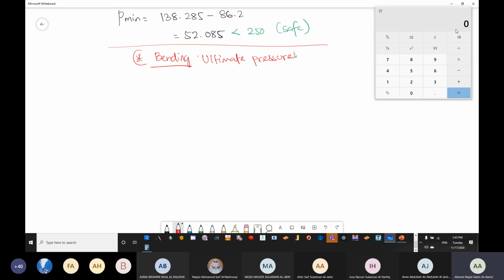Now, can you help me find the ultimate pressure? Can we say P ult maximum, the ultimate pressure for the maximum, because we have maximum and minimum. Now, for ultimate pressure, when we calculate for bending, do we consider the self weight?